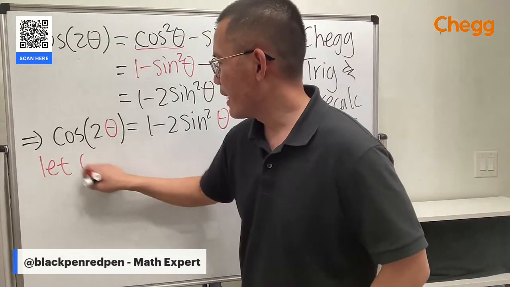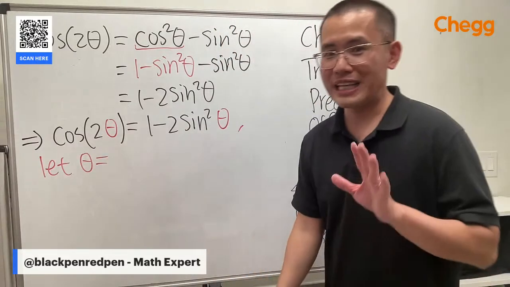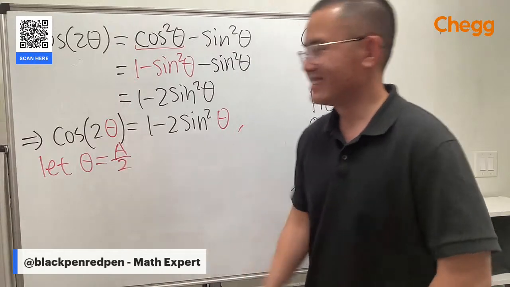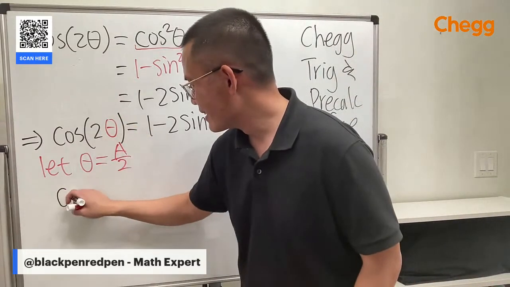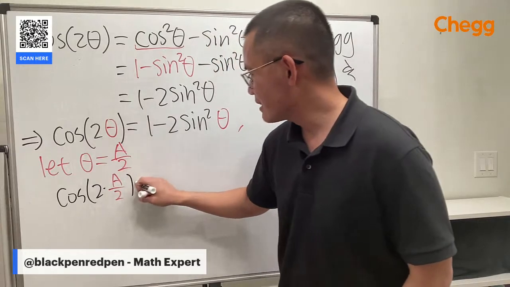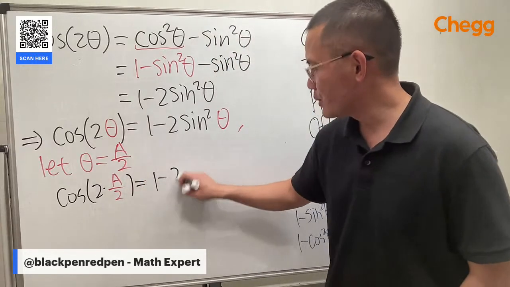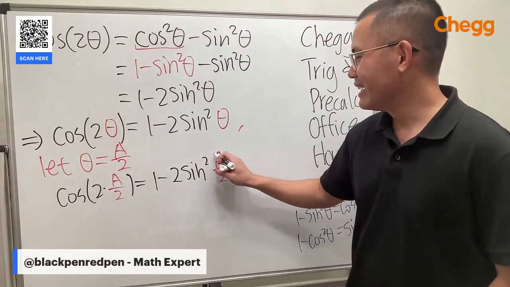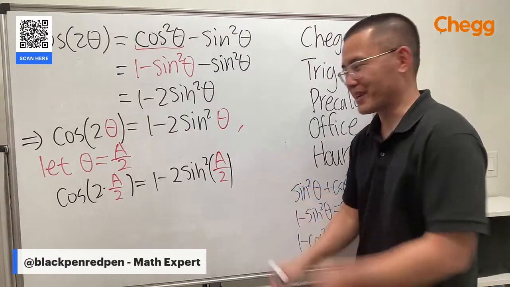Let theta equal, let's use capital A for something, A over 2. Then you will get cosine of 2 times A over 2, and that's equal to 1 minus 2 sine squared of A over 2. And we are about to get the half angle right here.